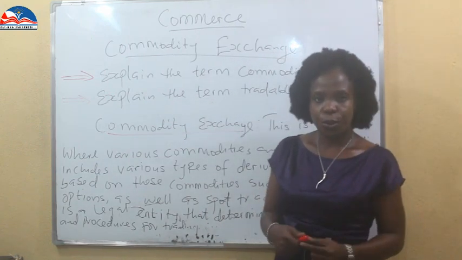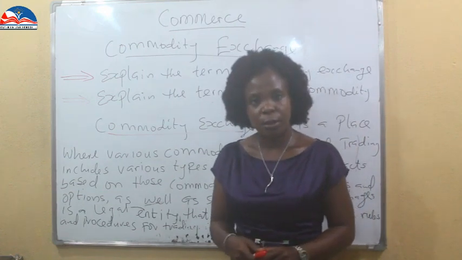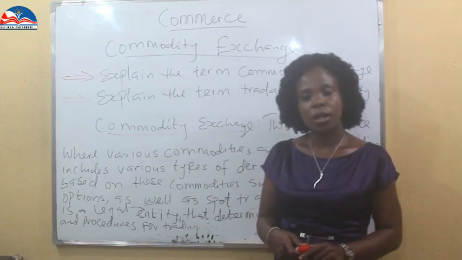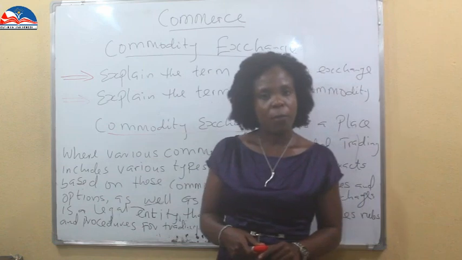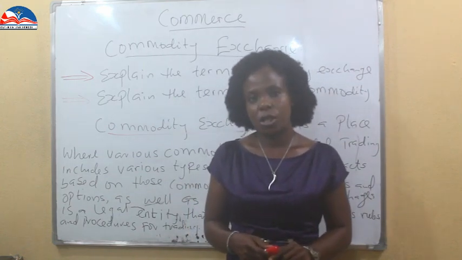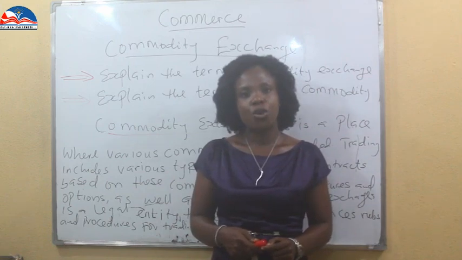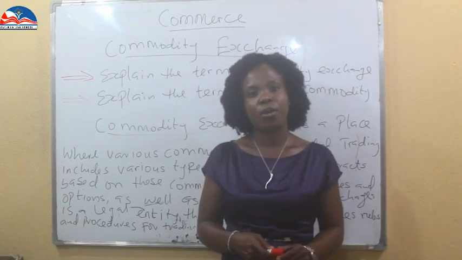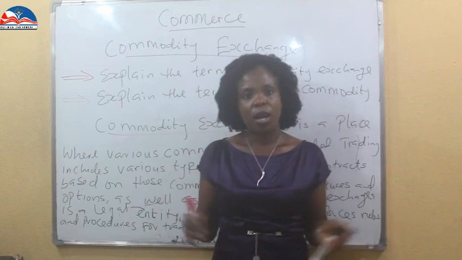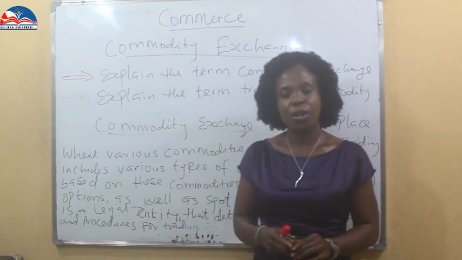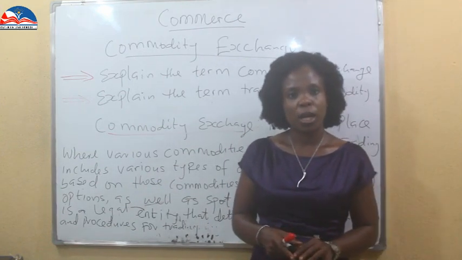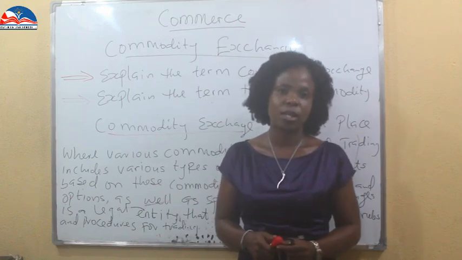For example, the commodity market. They tell you the tradable commodities that are available, the rules that are involved, the percentage that goes to the exchange, and they give out the rules on how these trades are to be carried out. They make out this platform to enable individuals to come together to carry out trade. That's why it's an exchange.